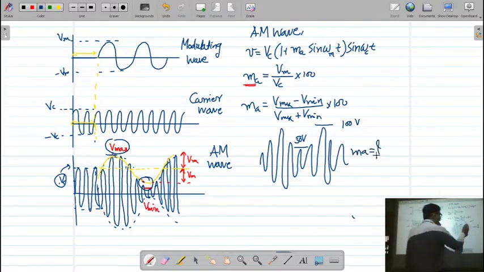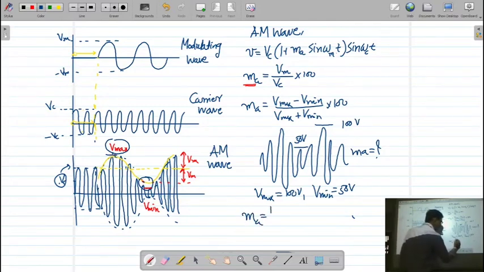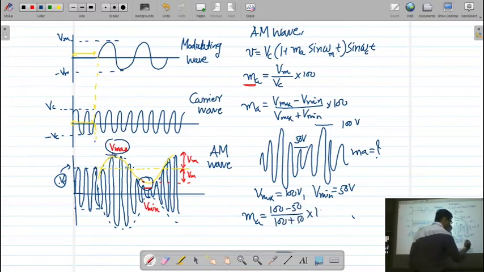So here if you look at this, my maximum voltage is 100 volt, minimum voltage is 50 volt, so we can calculate the modulation index as 100 minus 50 divided by 100 plus 50 multiplied by 100, and this will come out to be 50 divided by 150 multiplied by 100.